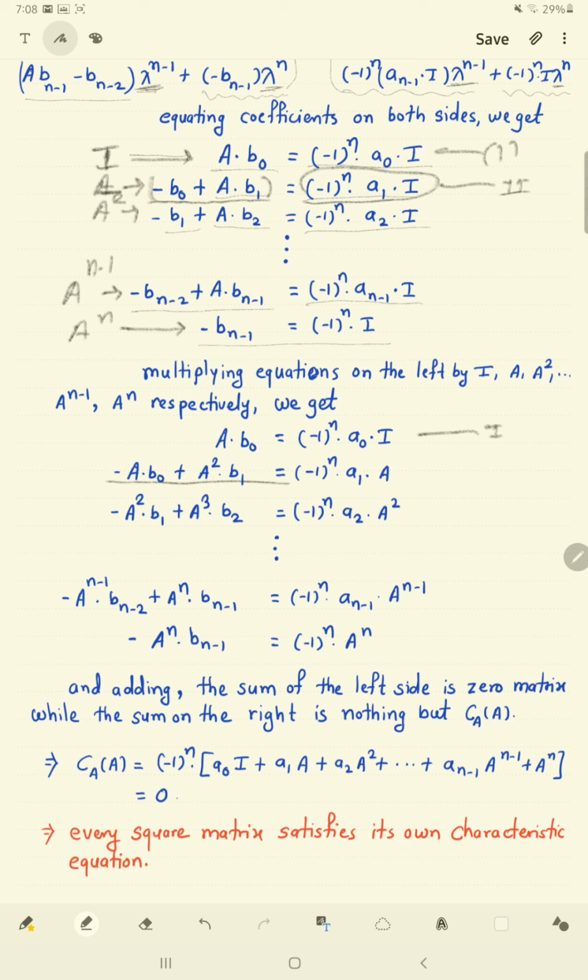Similarly on this side, minus 1 raised to n a1 into A into I, so it is a1 A. This is our second equation.